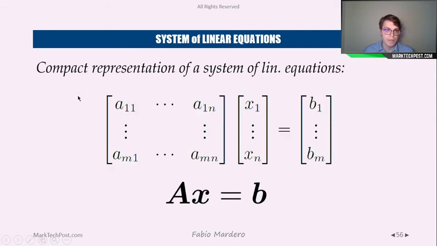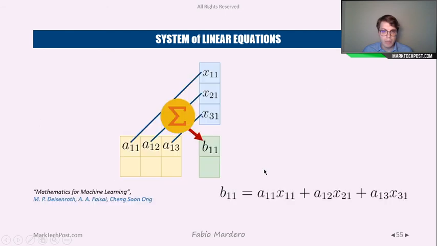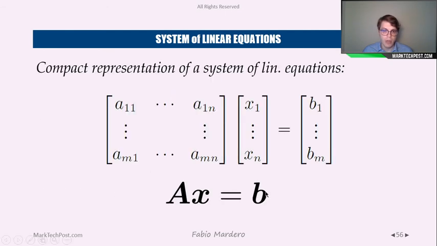So here we get a compact representation of a system of linear equations. We write all those coefficients of unknown variables in this form with a matrix, and then the x terms and the b terms as column vectors. So now, instead of this complex formulation, thanks to the matrix representation, we have just to solve this equation.